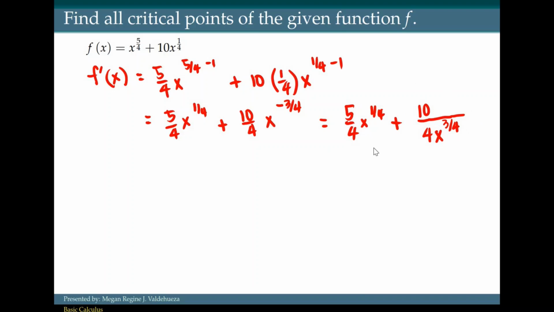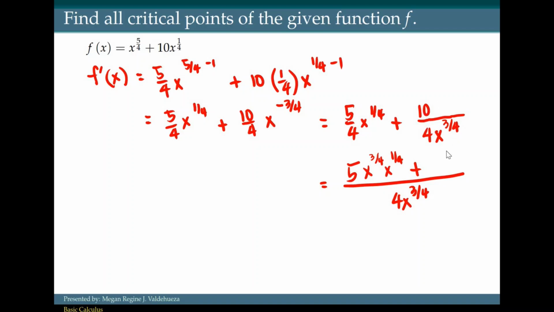So from this, we can rewrite this with the LCD as 4x to the power of 3 over 4. So LCD divided by 4, we have x to the power of 3 over 4 times 5x to the power of 1/4. That will give us 5x to the power of 3 over 4 times x to the power of 1/4 plus LCD divided by the denominator.